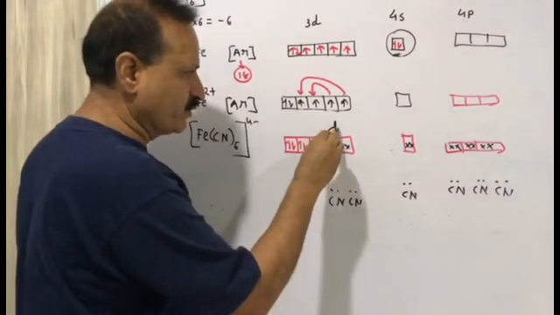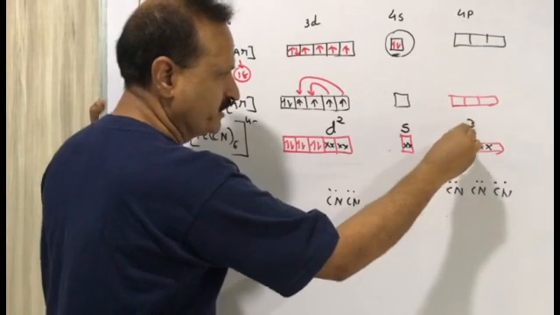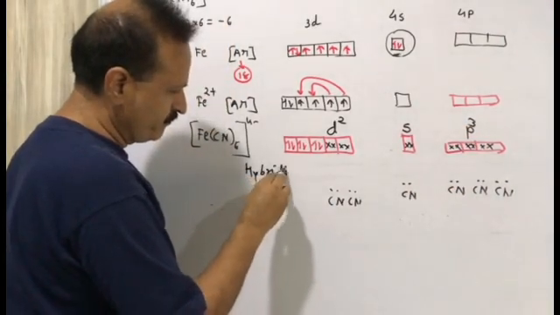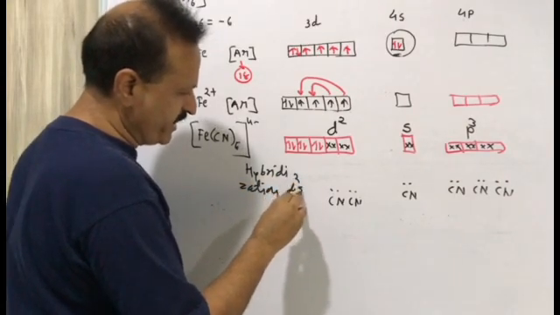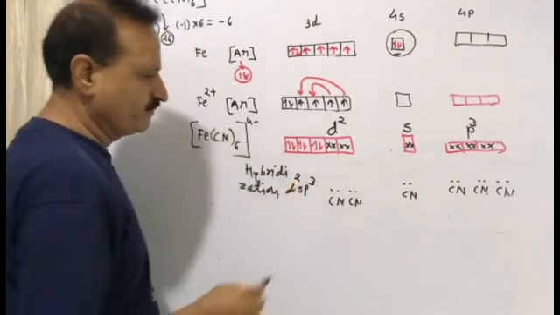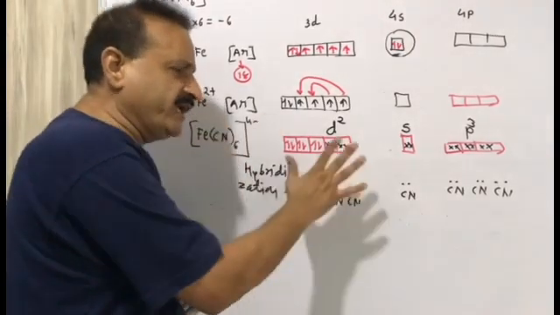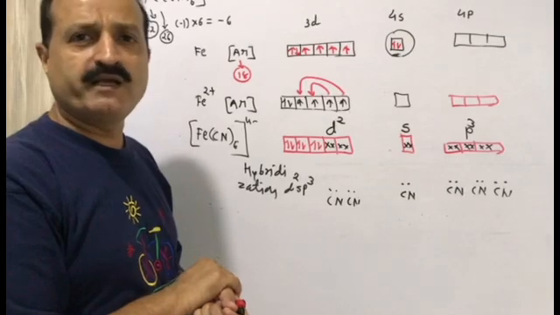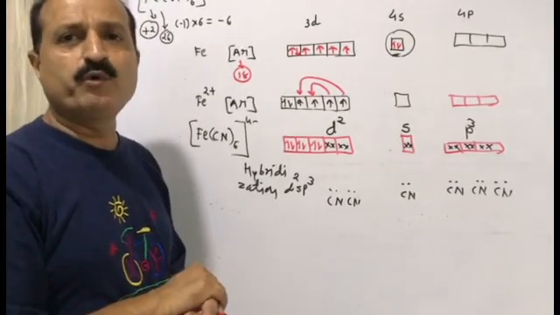Here is d2, here is s1 and here is p3. So hybridization is d2sp3. It is d2sp3. Magnetic property: here there is no unpaired electron, so it is diamagnetic, and if it is diamagnetic then the value of mu will be 0.